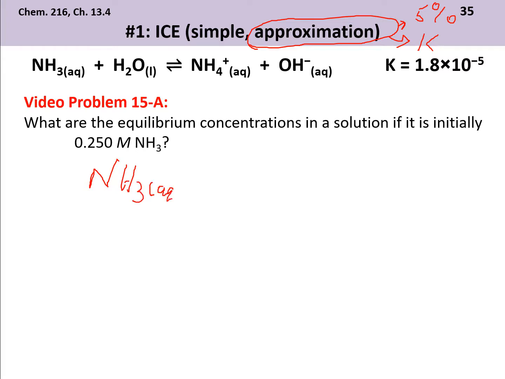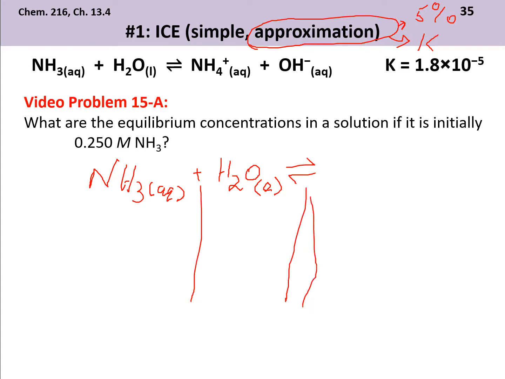So what that means is it's not in your calculation for Q or for K. So what does this mean? When you set up your ICE chart, you're going to have NH3 plus H2O goes to NH4 plus and OH minus. You're going to not have anything in the H2O.